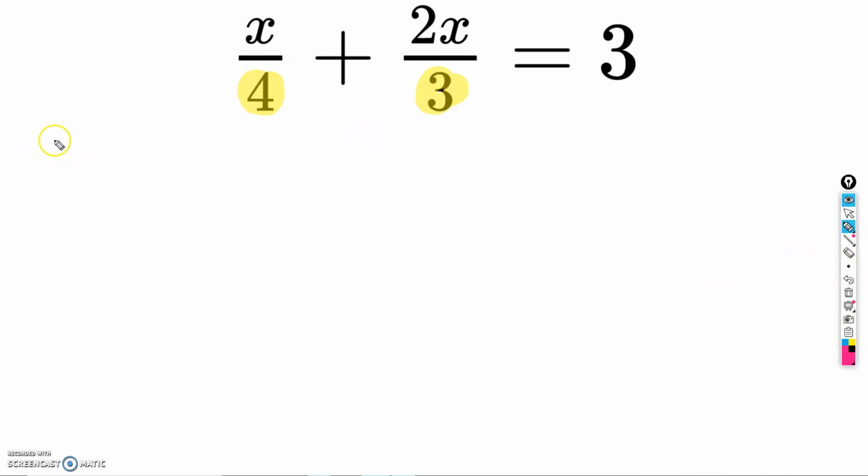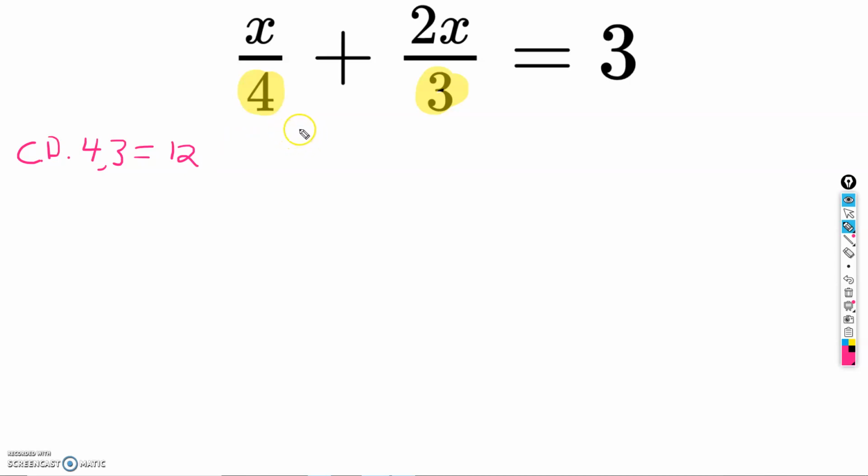So what is our common denominator if I have a 4 and a 3? If we think of the LCM, the multiples of 4 go 4, 8, 12, and the multiples of 3 go 3, 6, 9, 12. Hey, if our common denominator was 12, we could add these fractions together. So that's the number we're looking for.